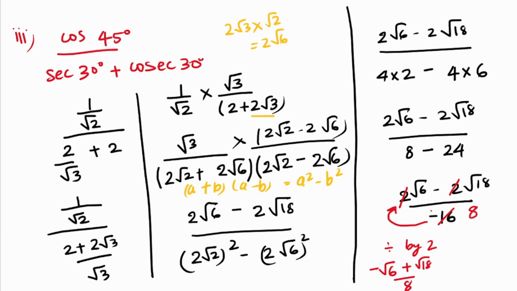When you rearrange and write, you will get root 18 minus root 6 by 8. This is the final answer you're getting. I hope this question is clear, okay?